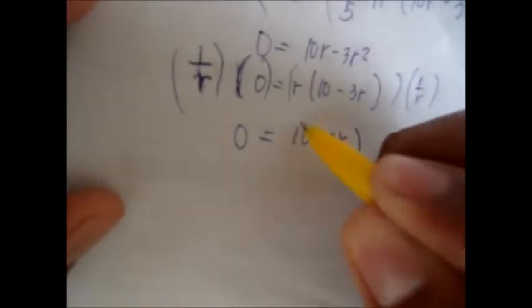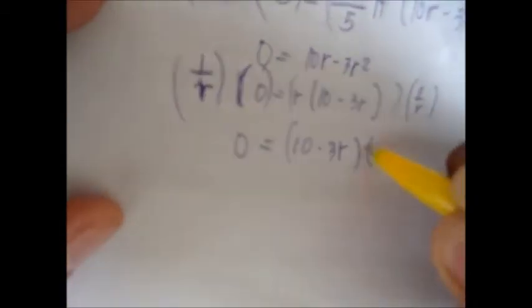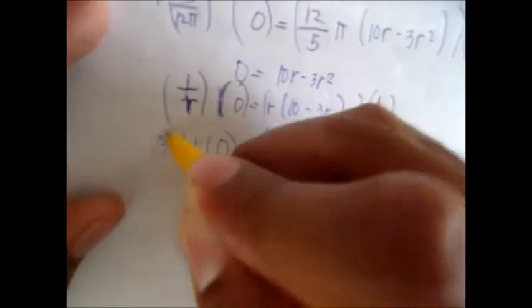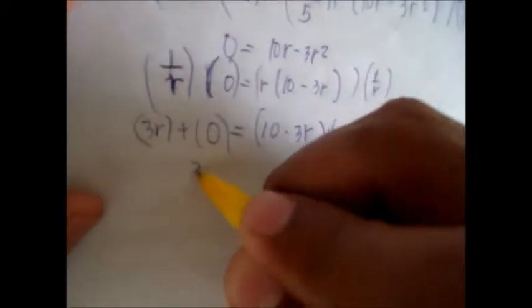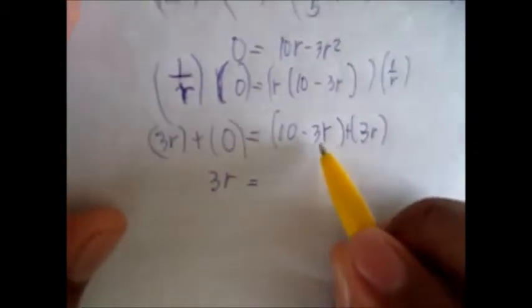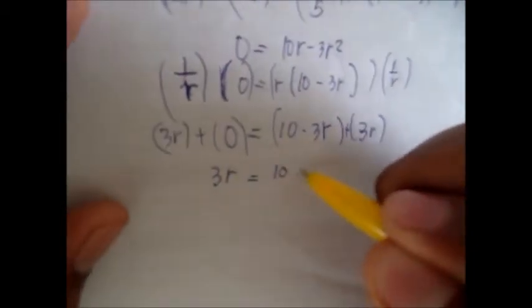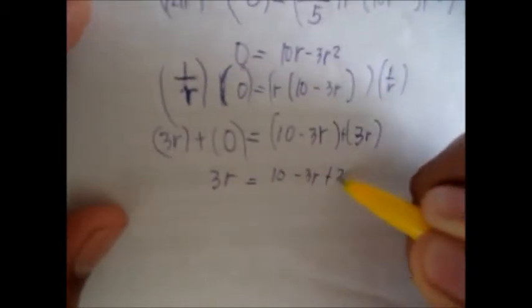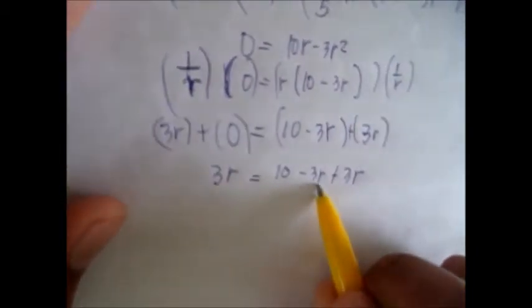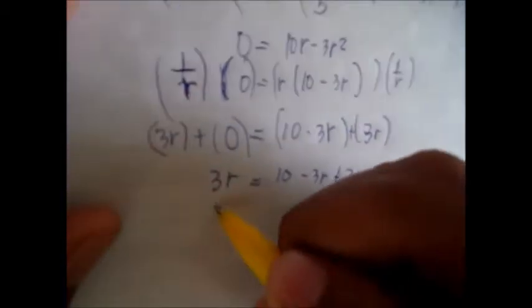So with this we need to find r. We add 3r to both sides. 3r plus 0 is equal to 3r. So 10 minus 3r plus 3r, negative 3r plus 3r is equal to 0. So we have here 3r is equal to 10.